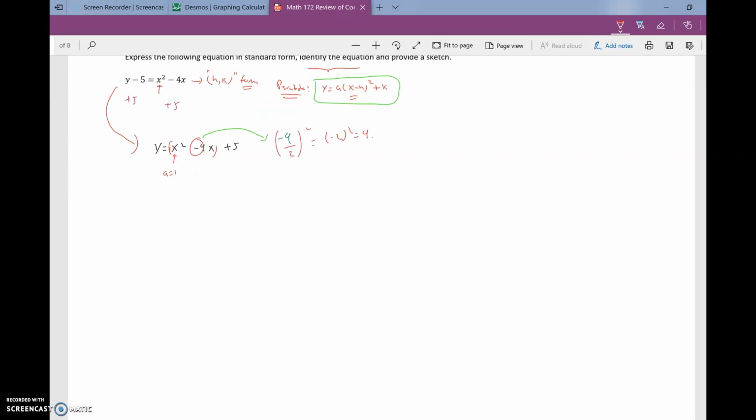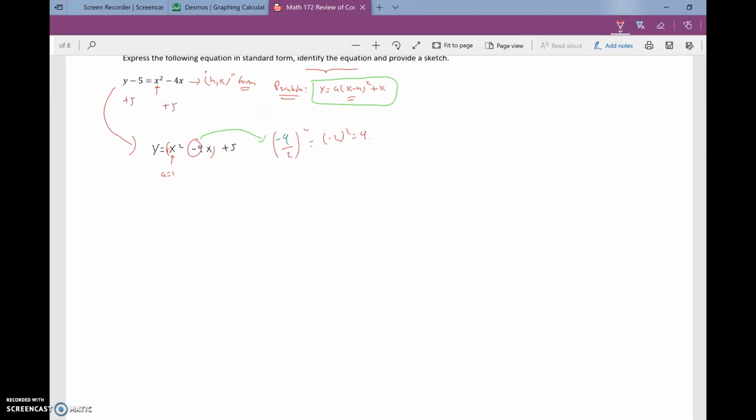That will be 4. And then we have to do the following trick to not actually change the equation. So you're going to have y is equal to x squared minus 4x, and you technically have the plus 5. Now what we're going to do to complete the square is add a 4. But you cannot just add a 4.